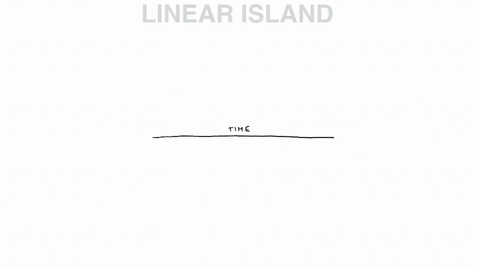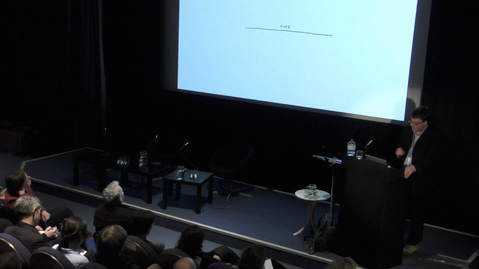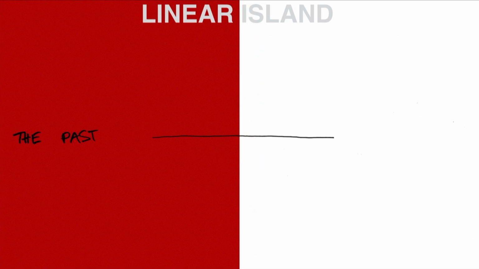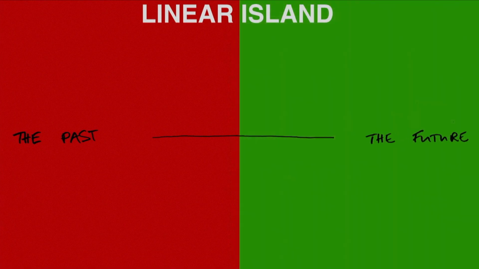When I enter discussions, people on Linear Island sooner or later try to convince me that time is linear, that there is a past and that there is a future. And right in the middle where the past and the future meet, there's a little tiny spot, and that is the moment we are in.